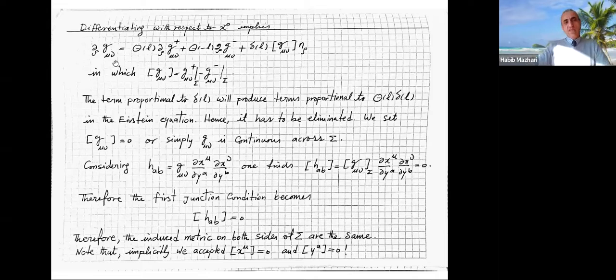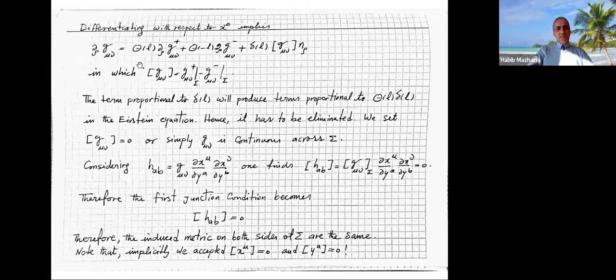However, the derivative of theta with respect to ρ gives us delta multiplied by ∂_ρ l. And we already said ∂_ρ l, because l is the proper distance on the geodesic normal to the surface, is equal to n_ρ. So after you combine the plus and minus, because of the minus sign inside theta, we will have δ(l) [g_μν⁺ − g_μν⁻] times n_ρ.